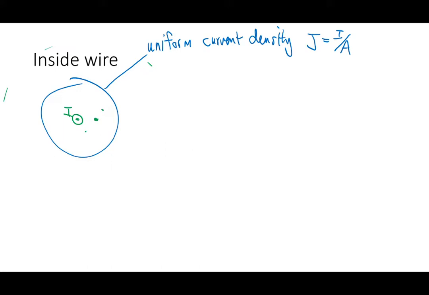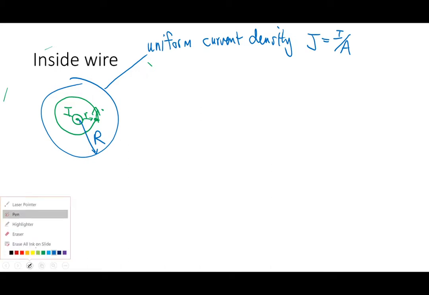So if we want a point inside, then we would do the Amperian loop that includes this point that is inside. Let's give this another variable. Let's call it big R. Distinguish that big R is the radius of the wire, whereas little r is the radius of my Amperian loop.